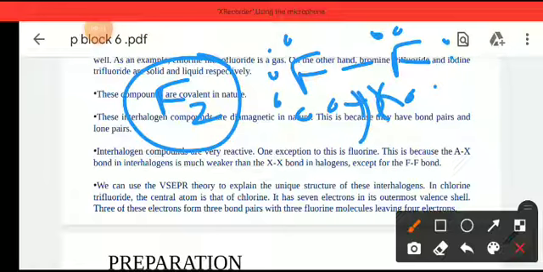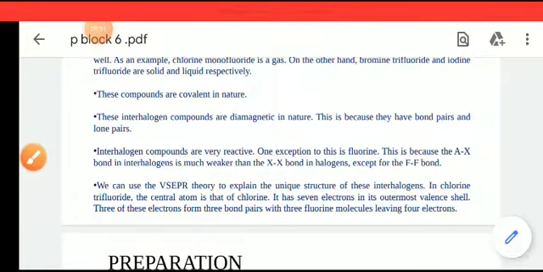That is why it becomes very unstable. So the F-F bond is very weak, and F2 becomes highly reactive, more than interhalogen compounds. Other than F2, the interhalogen compounds are much more reactive than the halogens.